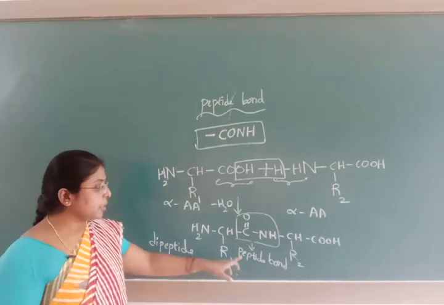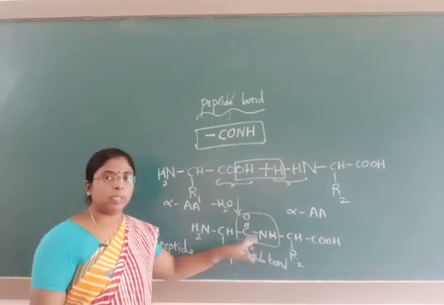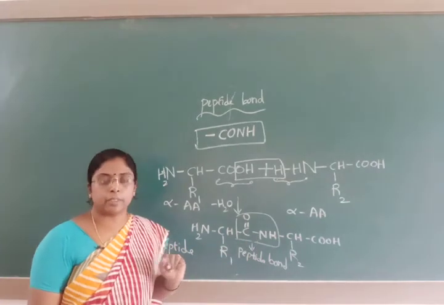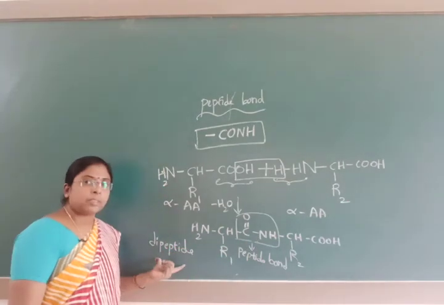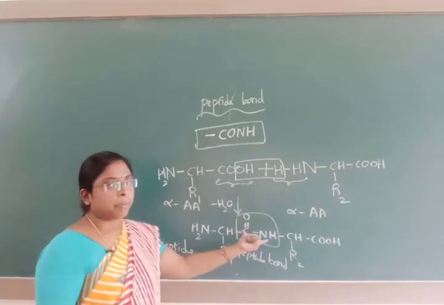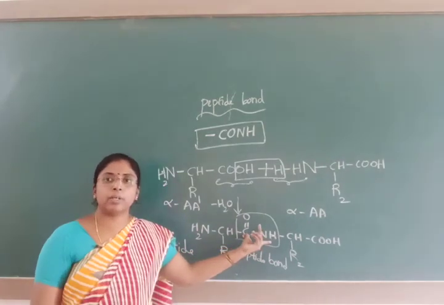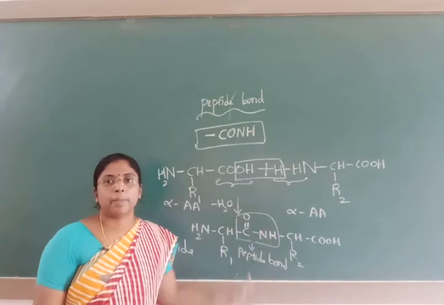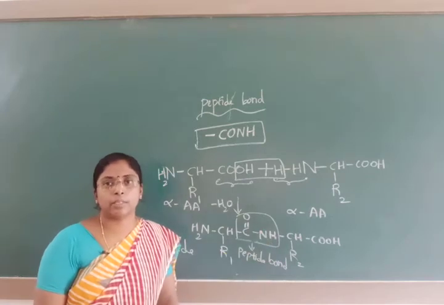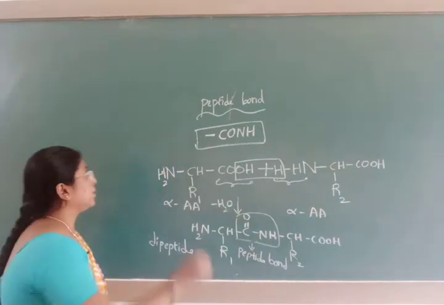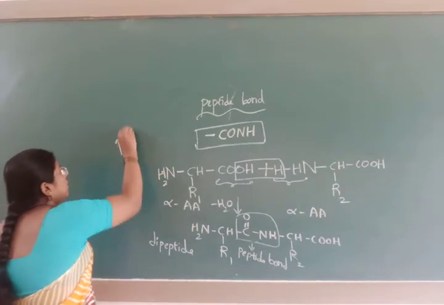If you observe here, this is a dipeptide, meaning only one peptide bond is present. Two amino acids are linked by only one peptide linkage. If more than 10 amino acids combine, we call such a compound a polypeptide. Poly means many.